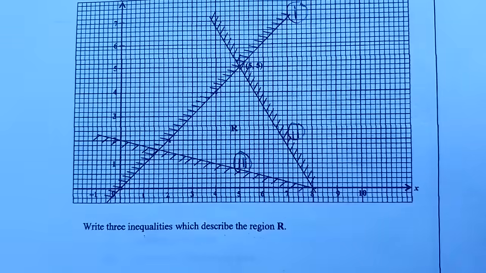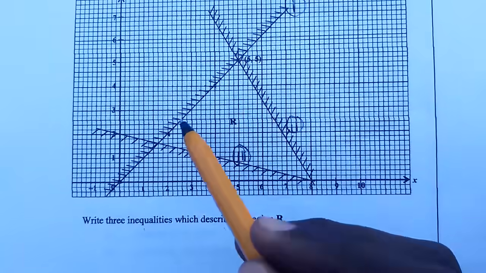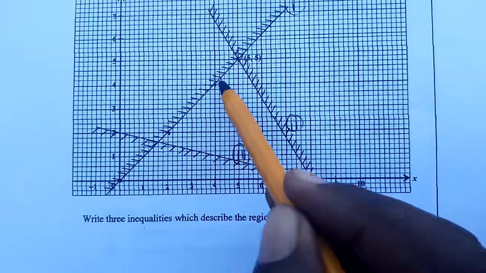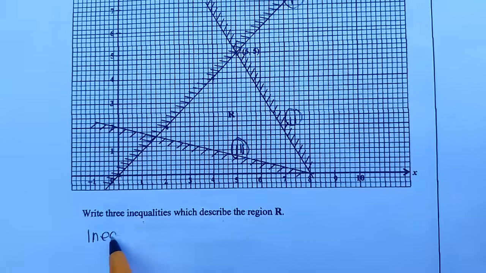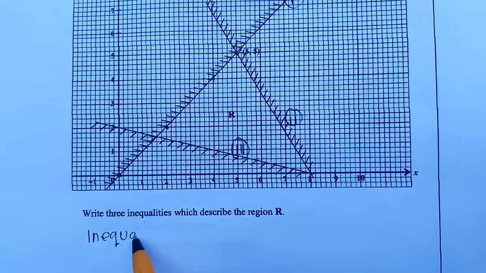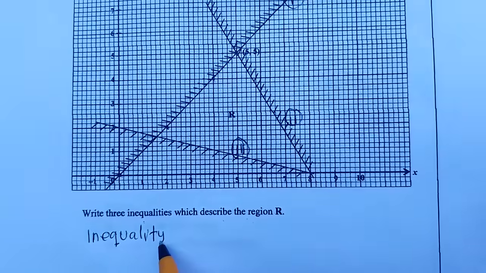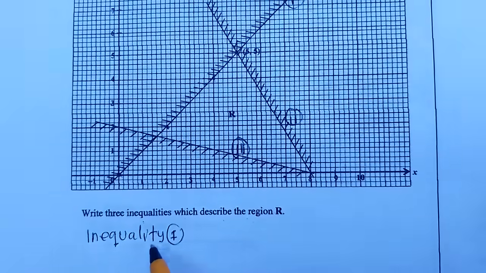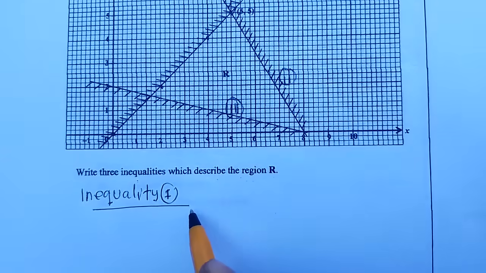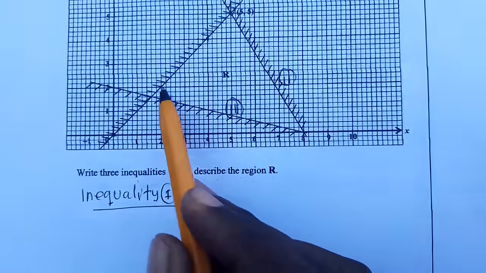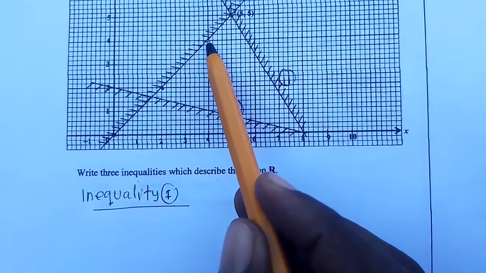So this one, the coordinates are the same, so a line that comes out like this. So in inequality 1, the values are the same: 0, 0, 2, 2. We've got 4, 4 there. We've got 5, 5.